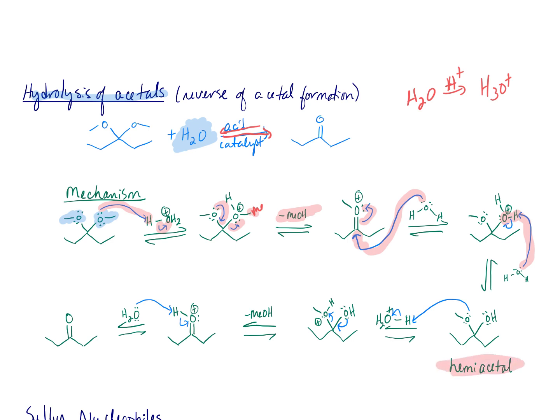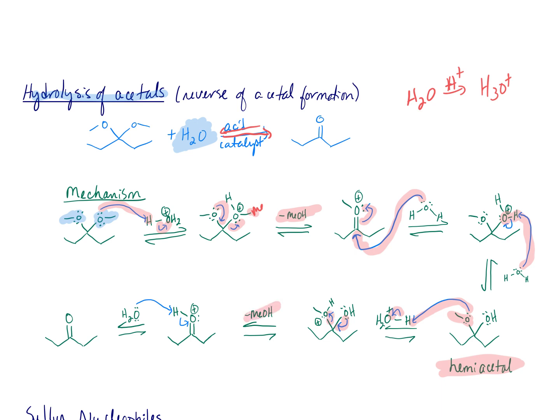So now we're almost back to the beginning. We just have to repeat the same sort of process with the other ether here that ends up being an alcohol. So that oxygen comes out and grabs a hydrogen. Electrons go back to the water molecule. The OH electrons come down, and this leaves.